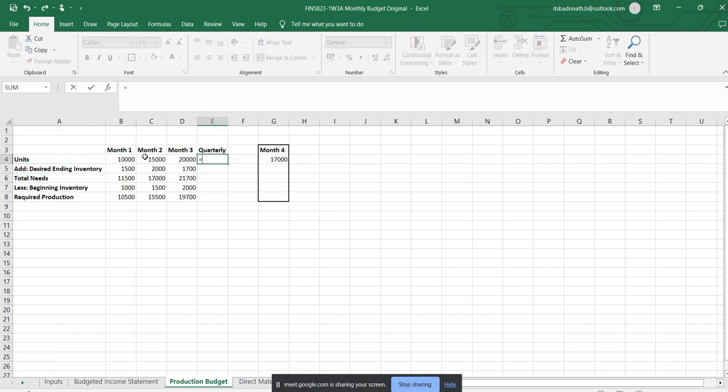So this is equal to the sum of these three values. Okay, and this is ending inventory. At the end of the third month, what is the inventory we are having? Desired ending inventory 1700. So at the end of the quarter, it will be 1700. So we are taking ending inventory as this. And at the beginning of the quarter, what is the beginning inventory? 1000. So we will be taking the beginning inventory value.